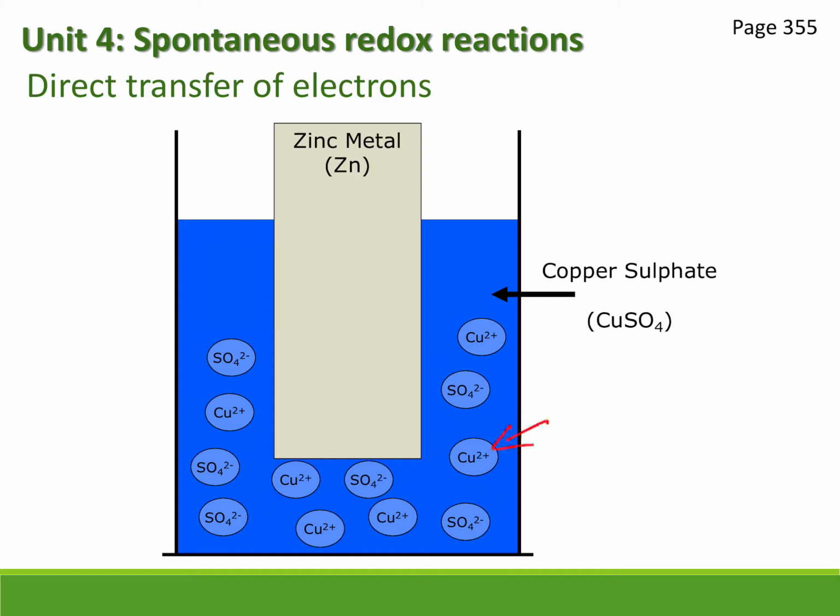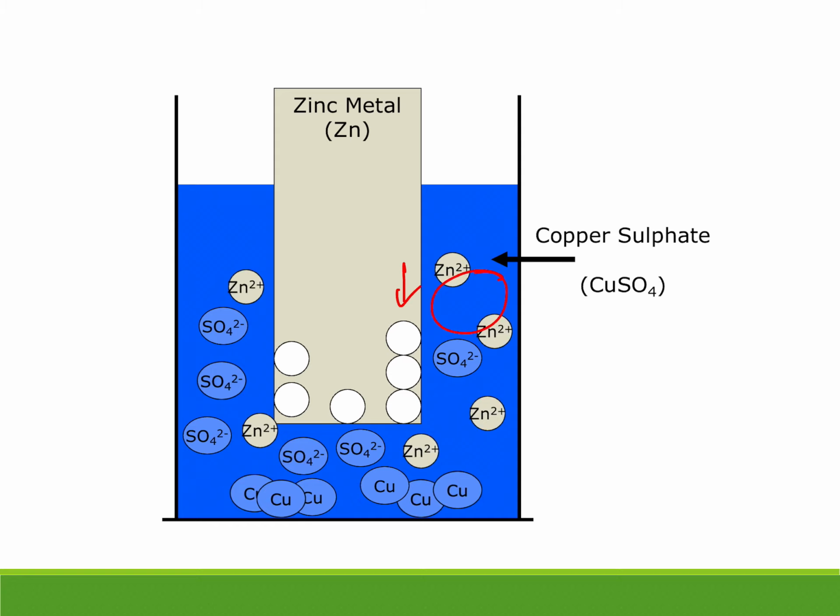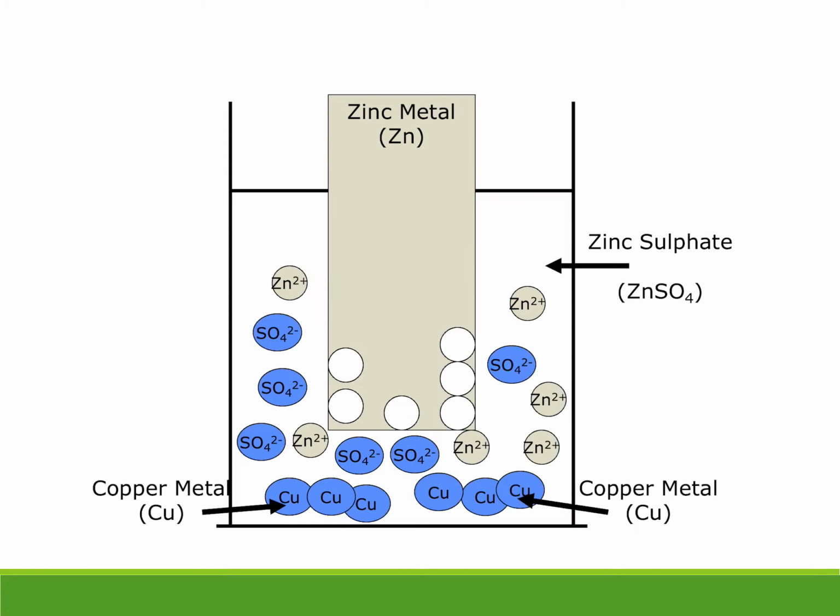So as a result of it giving its electrons away, we end up with Zn2 plus ions and copper metal. Now they can't stay where they were, so the Zn2 plus ions come off the piece of zinc metal, and the copper forms at the bottom of the solution, and it's a very fine powder. Okay, so what happens is the blue solution now turns colorless because the blue was there because of the copper ions, which are now gone.